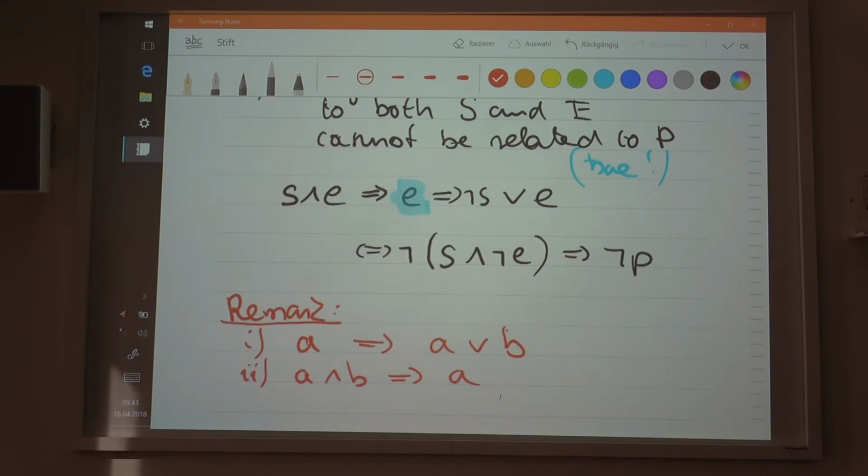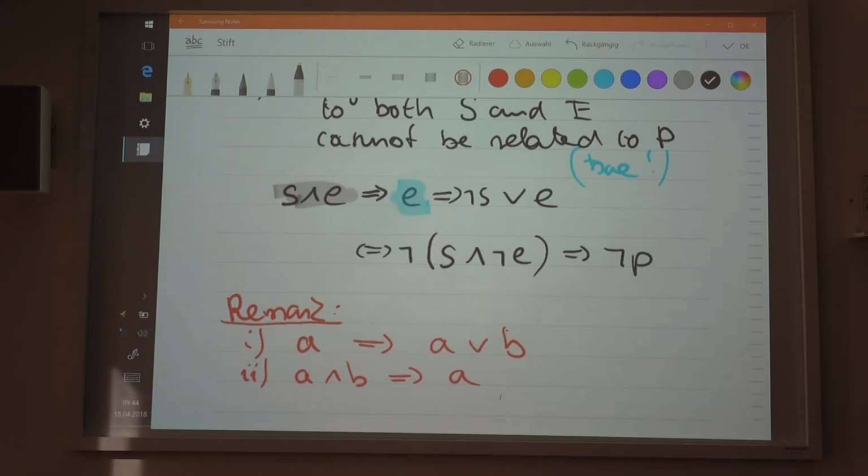This is what I used in addition to that. If two statements are true, S and E, then E must be true as well. This is an implication that I can make. It's also true for statement S. If someone is related to both people, S and E, then he or she is also related to E, no matter what. And that statement is an implication which is true at all times.